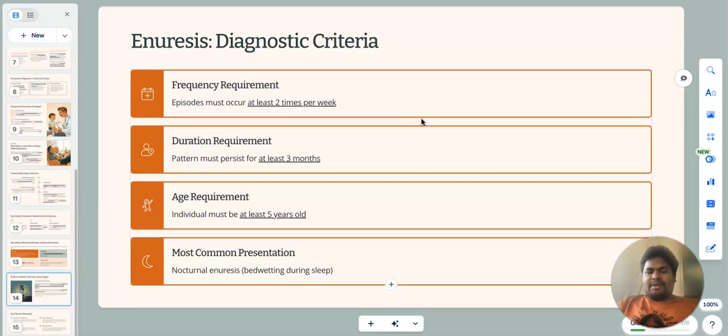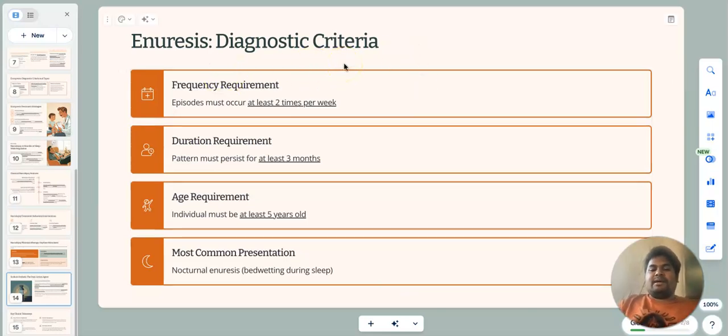Up to 5 years old, it's common for children to bedwet. But even after 5 years, if the child is still urinating in the bed, then we may think of enuresis.